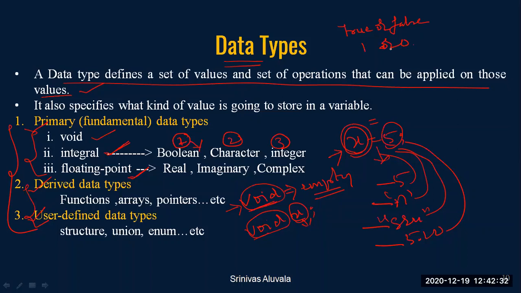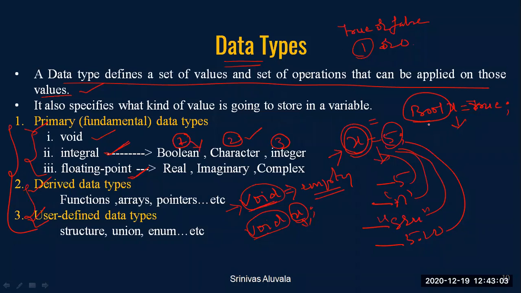When I say Boolean, I write bool x. Bool is a keyword, a reserved word, to define my x as a Boolean data type. I write bool x equal to true. When I print x, the value I get is true, in the sense I get the value one as output. So it stores either true or false. That's what the Boolean data type is.